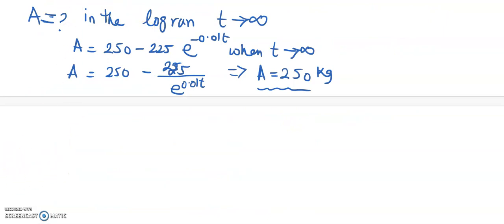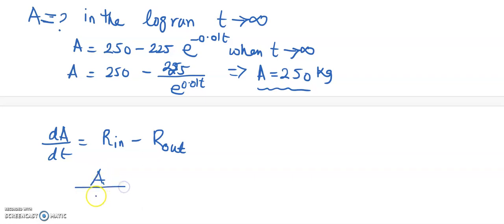So we know that dA over dt is equal to R in minus R out. R in is the same, but what will R out be? How can we find R out? For R out, we will assume that there is salt amount A divided by the total volume of the brine in that case.